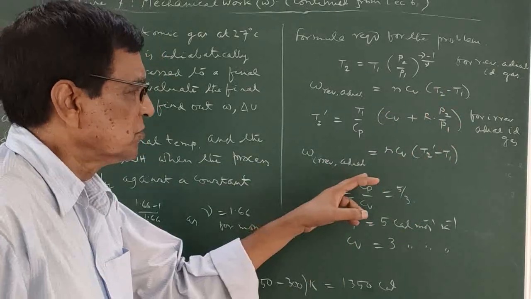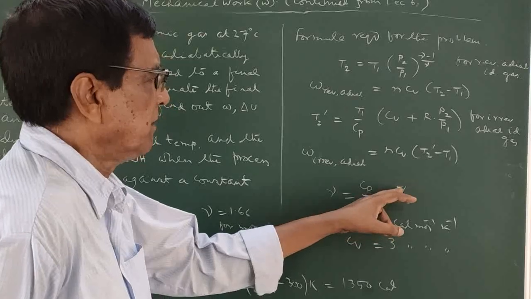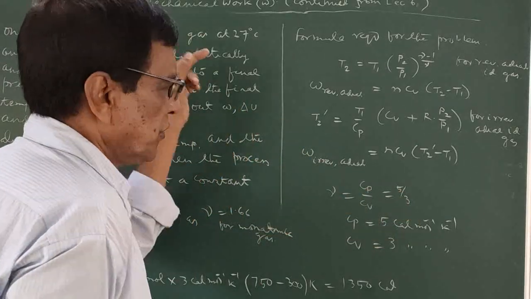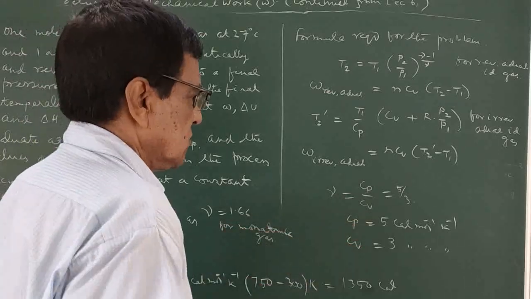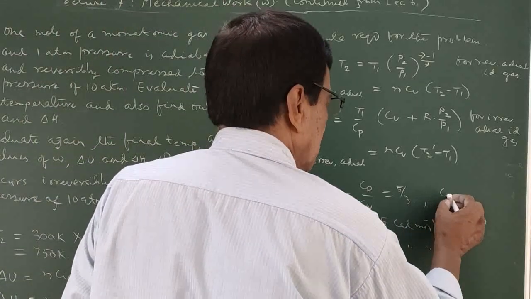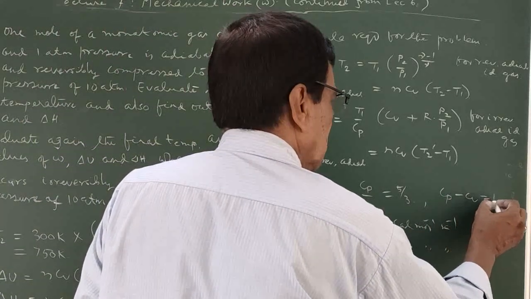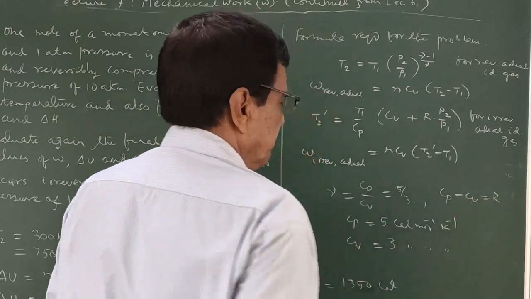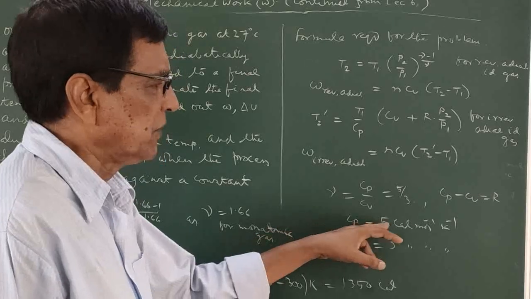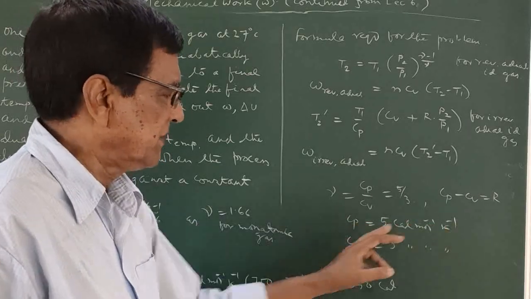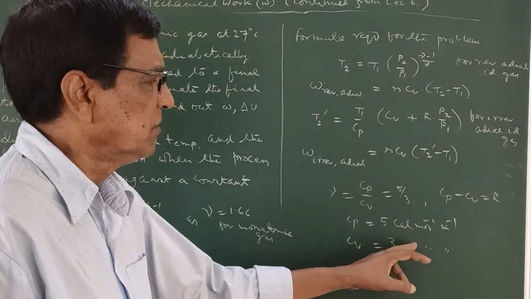So gamma equal to Cp by Cv equal to 5 by 3, as the gas is monoatomic. So solving again Cp minus Cv equal to R, 2 calorie. So if we solve these two equations, then Cp equal to 5 calorie mole inverse Kelvin inverse, and Cv is also 3 calorie mole inverse Kelvin inverse.